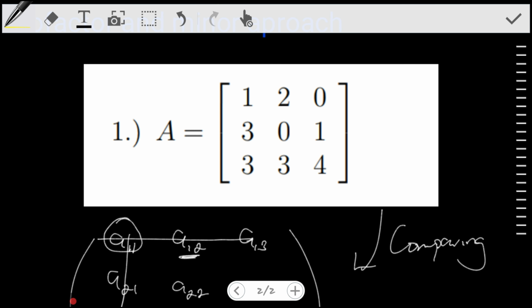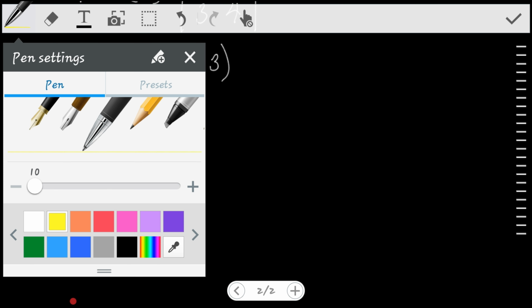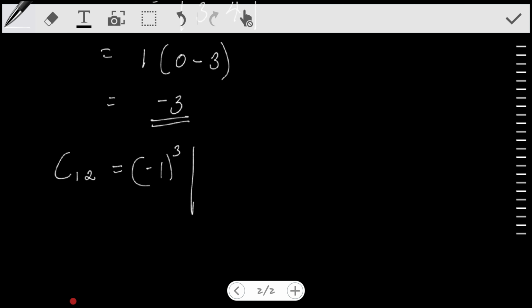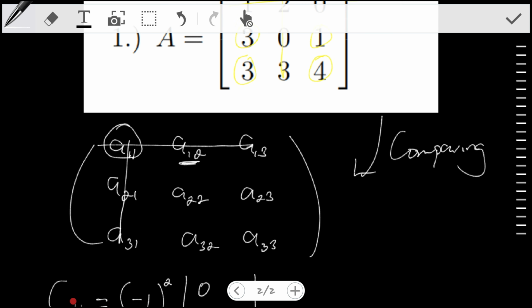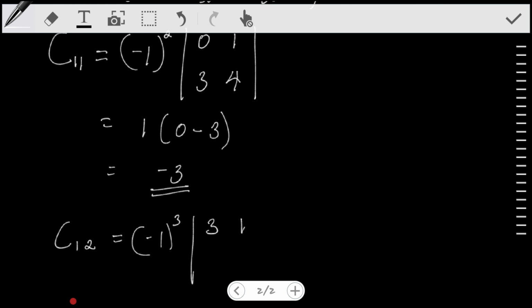If I pick, now I'm getting the cofactor of 2. That means that I'm going to take this out now. We are eliminating this and that, right? So we're having 3, 1. At the same case, we are going to be having 3, 4, right?